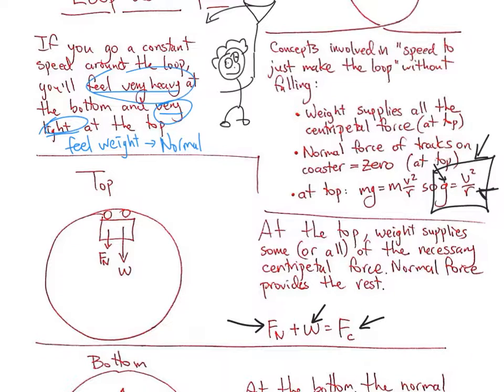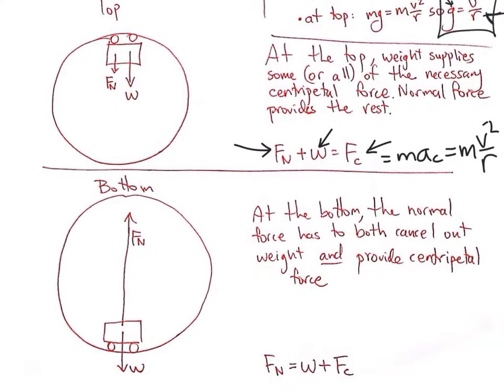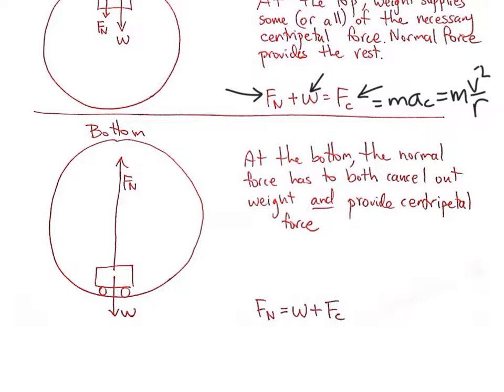And again, centripetal force is equal to mass times centripetal acceleration, which is equal to mass times v squared over r. Okay. So again, please have these things listed. I want to look at your notes and see those there.